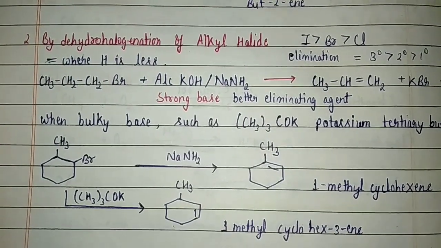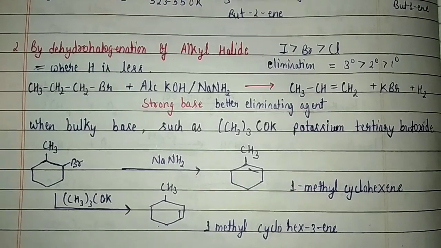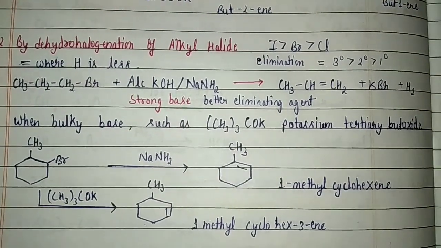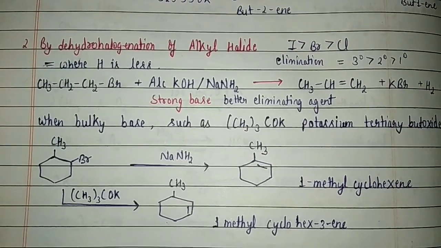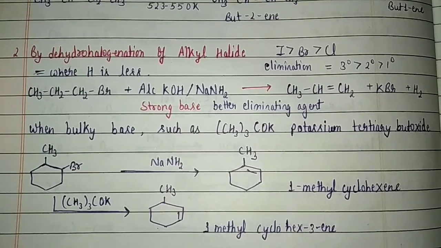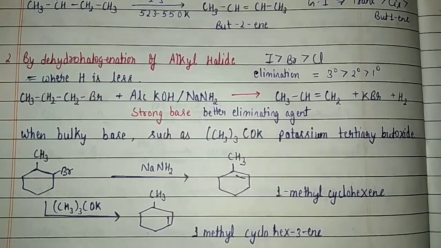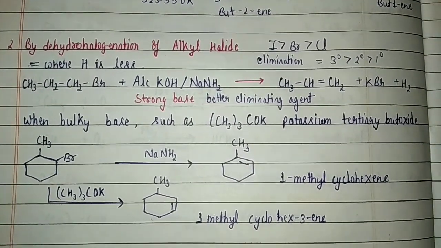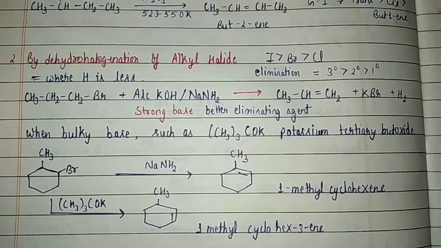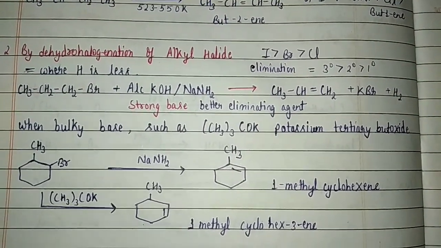The second method of preparation is by dehydrohalogenation of alkyl halide. How? When we have alkyl halide and alcoholic KOH or any strong base such as NaNH2, elimination reaction takes place and we get the alkene.